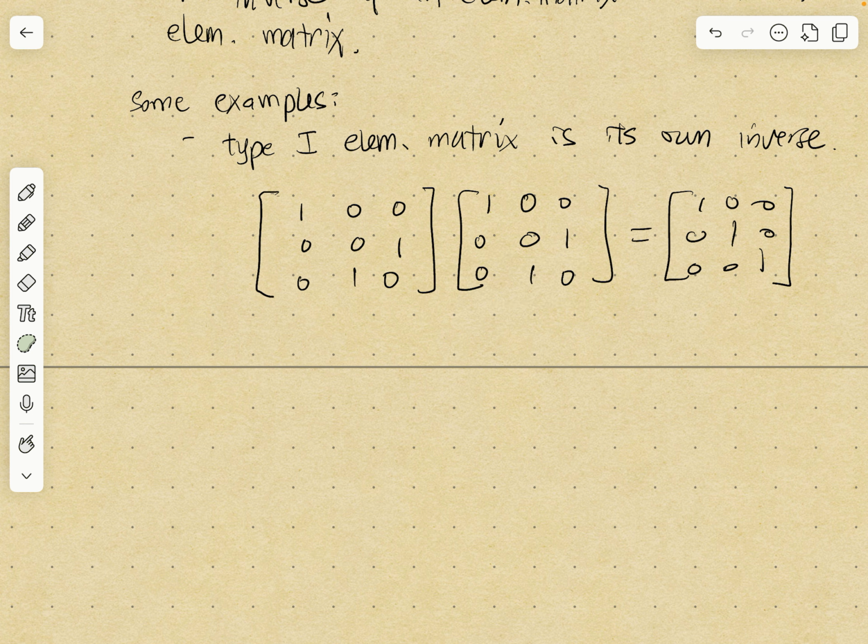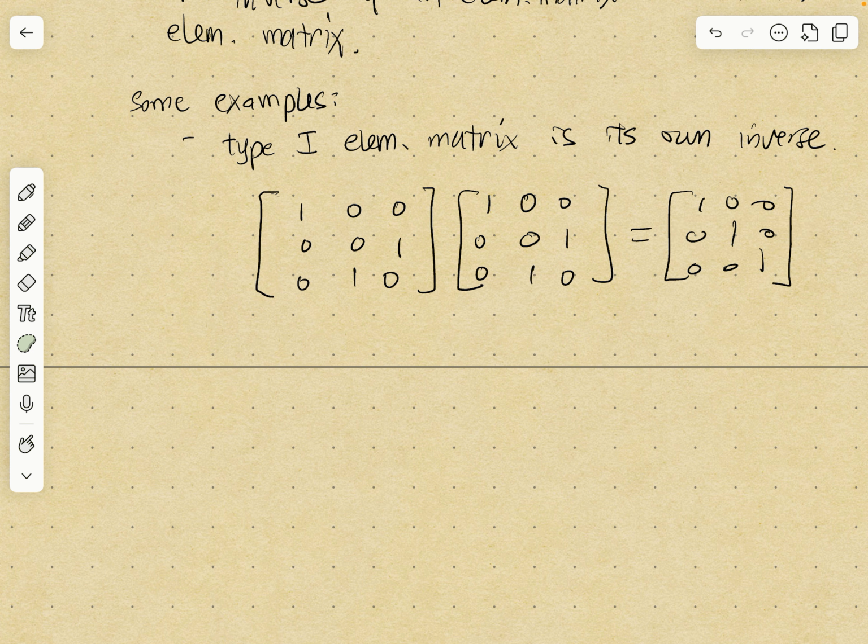And similarly, if you take the second row of the matrix on the left, 0 of the first row plus 0 of the second row plus 1 of the third row, you get the third row. So the second row became the third row.